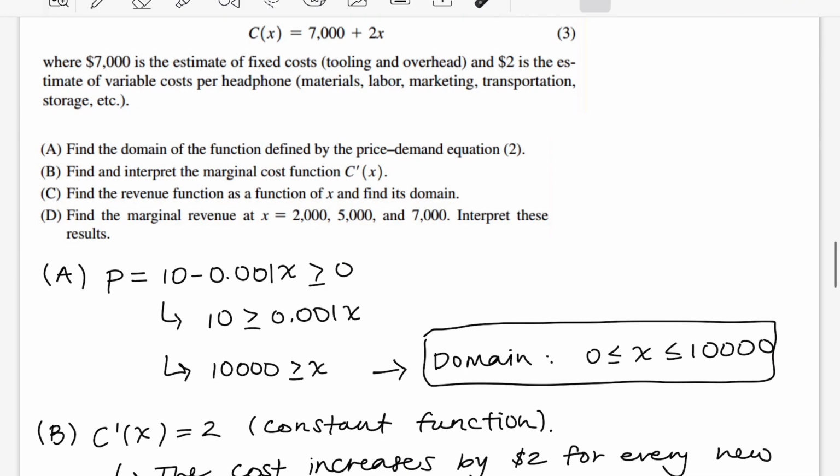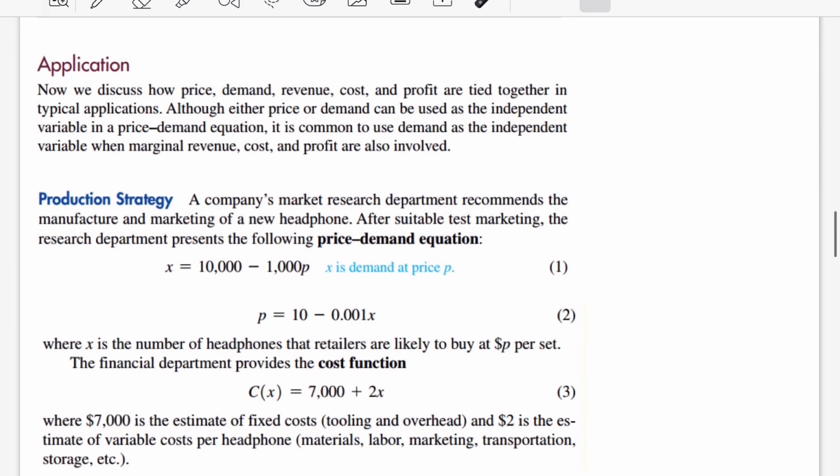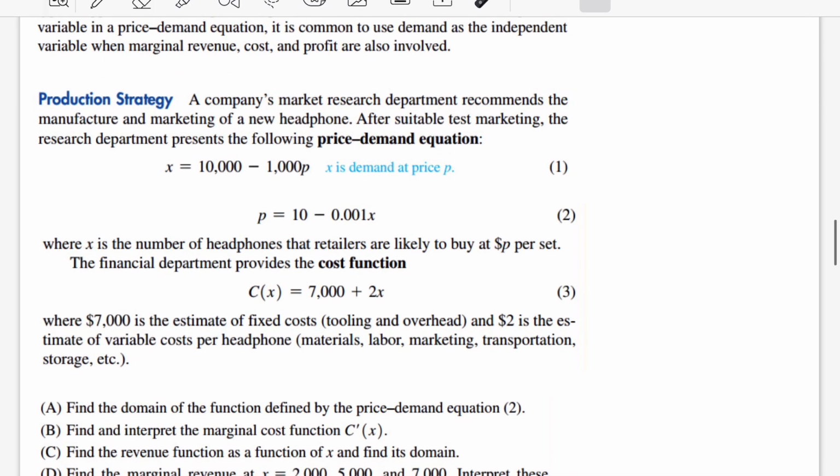However, in this question, it did ask us to write our revenue function as a function of X. Additionally, up here, we are told that in a price-demand equation, it is common to use demand as the independent variable when revenue, cost, and profit are also involved. So in this case, what we're going to do instead is write our revenue function as a function of X. So we will plug in this equation for P into our function.